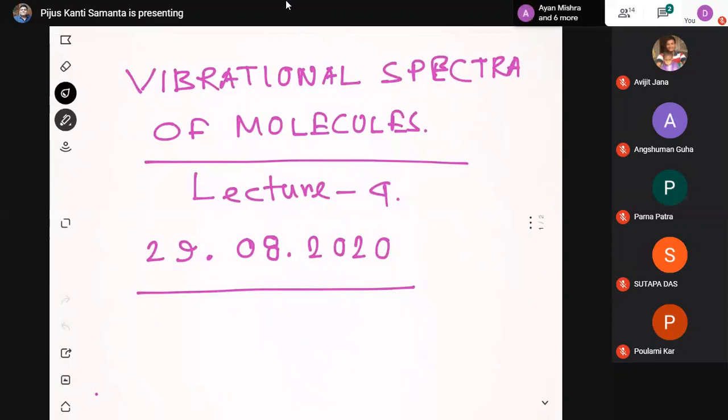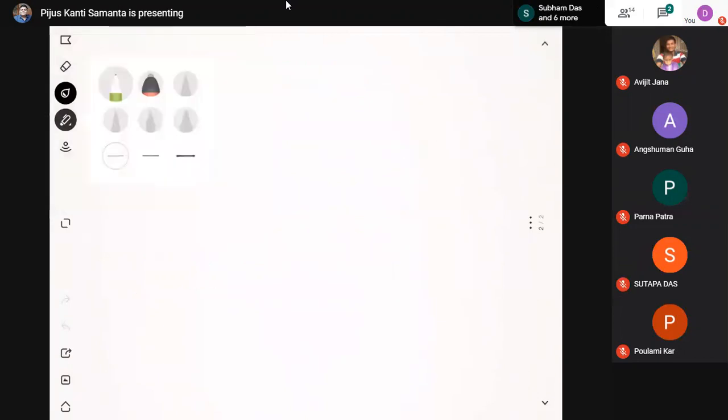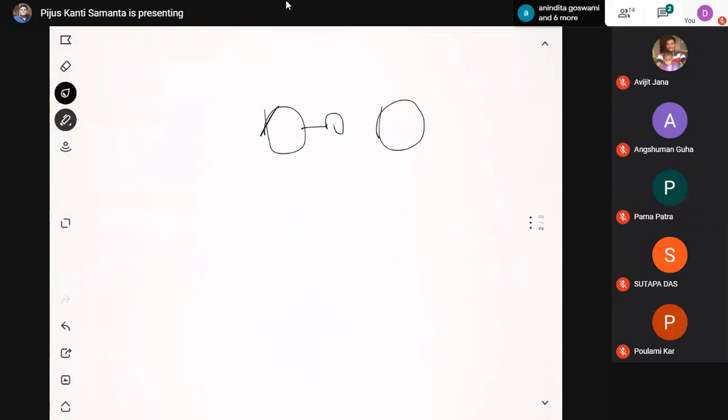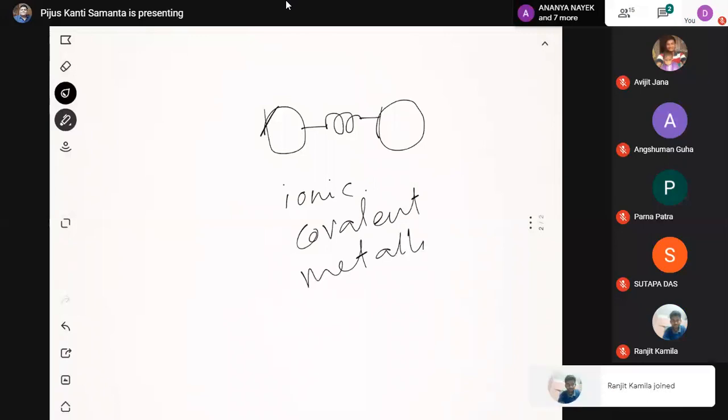So, vibration means, suppose we talk about diatomic molecules, then it has two atoms. One atom is here and another atom is here. They are bound by some bond, and this bond may be an ionic bond, or a covalent bond, or a metallic bond, or van der Waals bonds, or any other.